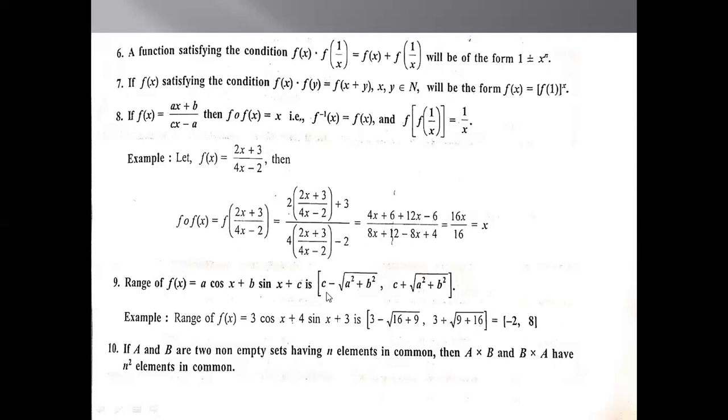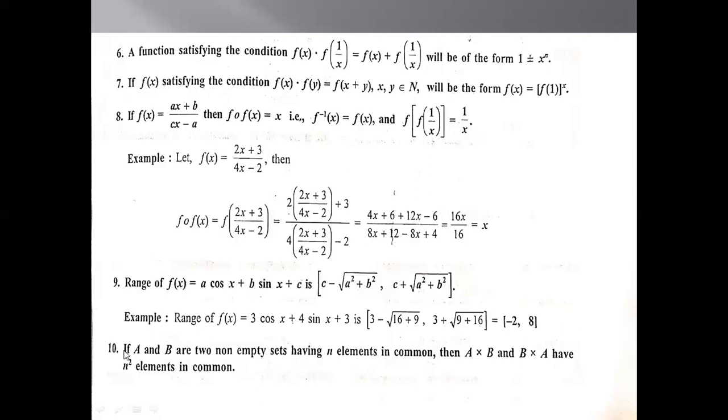Here c is equal to 3, a is equal to 3 and b is equal to 4. Just put the a, b, c values in this formula: 3 minus root of (3 square plus 4 square), that is 9 plus 16, comma 3 plus root of (3 square plus 4 square). If you simplify this, you will get [minus 2, 8] as the required answer. This is the range of this type of functions.